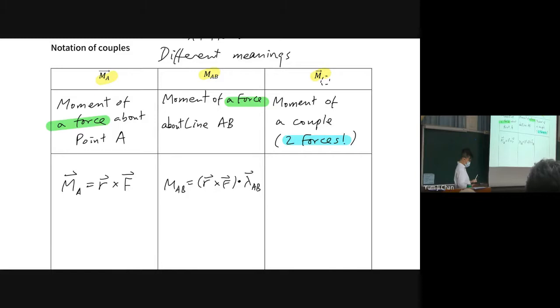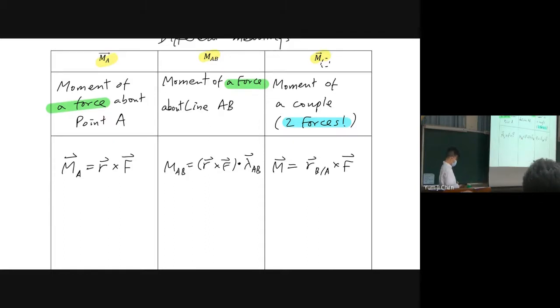And for the last case, M is equal to R of B with respect to A cross F, if we have A and B here, and F is here.